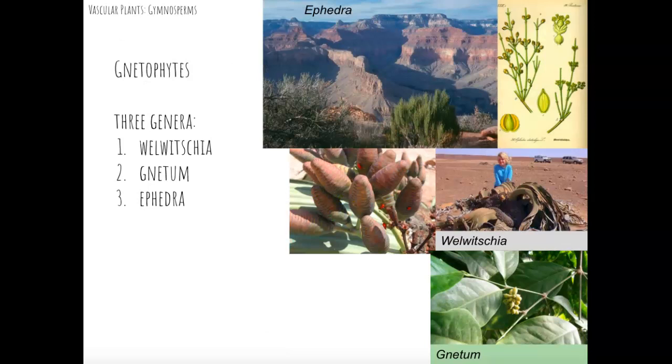The next type of gymnosperm that we're going to discuss are the gnetophytes. There are 3 genera within the gnetophytes. There's the Welwitschia, the Gnetum, and the Ephedra. Welwitschia are a type of gnetophyte that are endemic to Namibian deserts, and they generally look very ragged and sort of like sad-looking plants because they're very well adapted to the very dry conditions of the desert in Namibia.